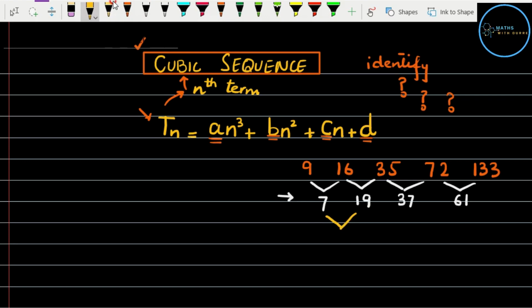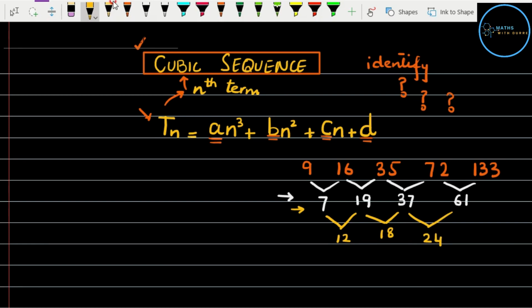Okay, let's find the difference again of this sequence. What is the difference of 19 minus 7? It will be 12. And 37 minus 19? It will be 18. And 61 minus 37 gives us 24.